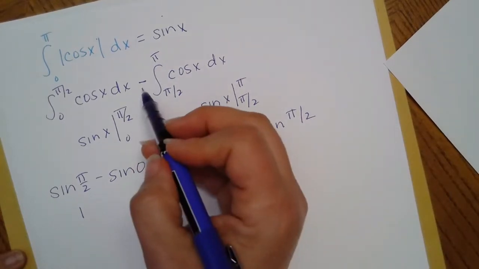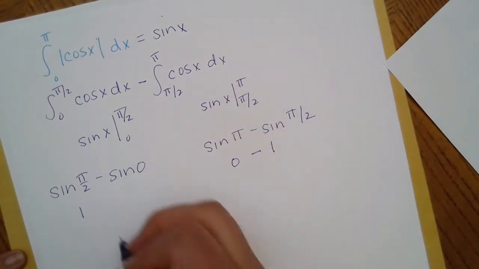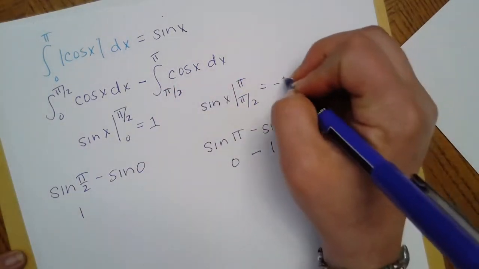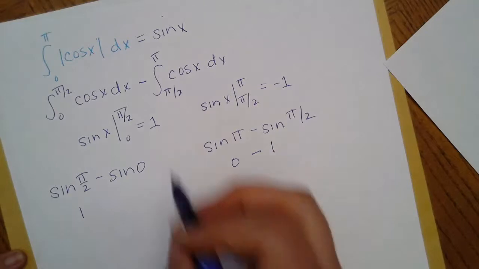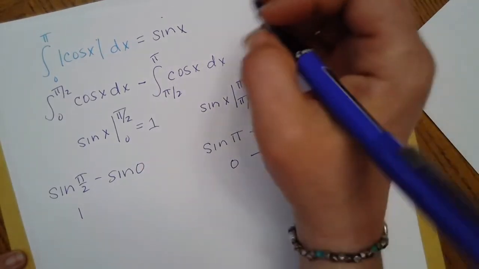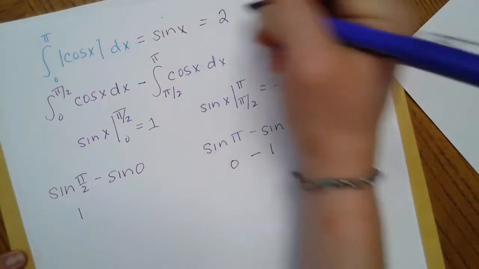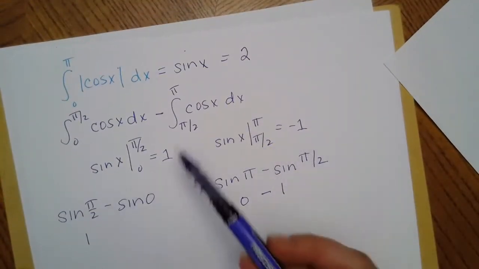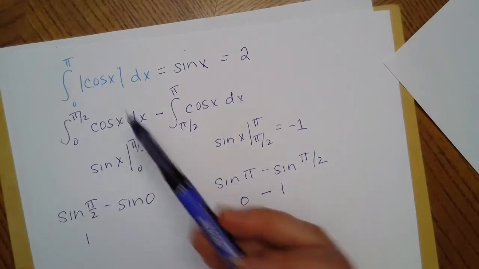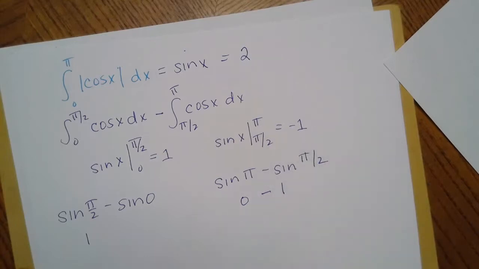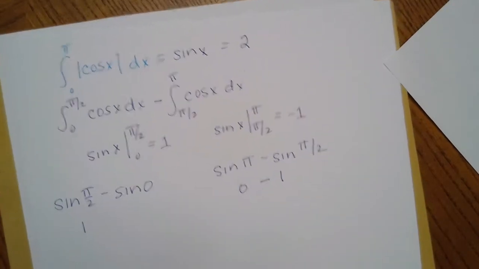Now remember, I'm subtracting here, so this one is equal to 1, and this one is equal to negative 1, right? So when I subtract, I'm going to turn this one positive, and in the end, I'm going to get 2. So it just becomes 1 plus 1. Once I calculated this and I knew that they had to be equal, obviously I knew that this was also going to be 1, but I'm just showing the process of it.